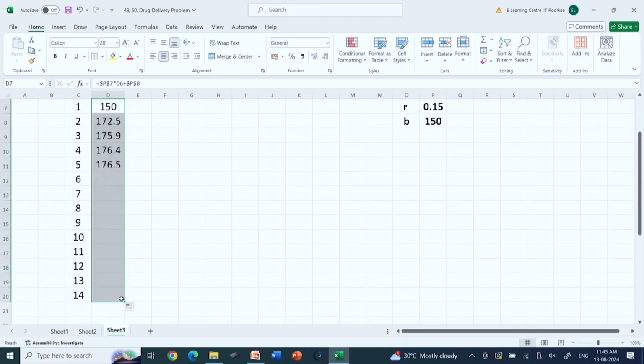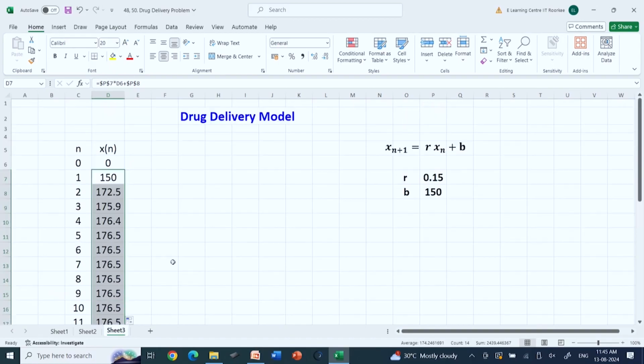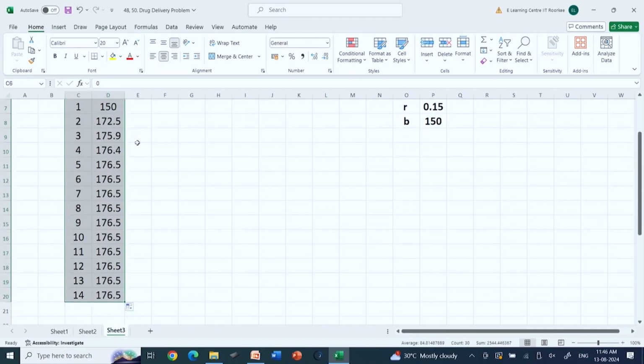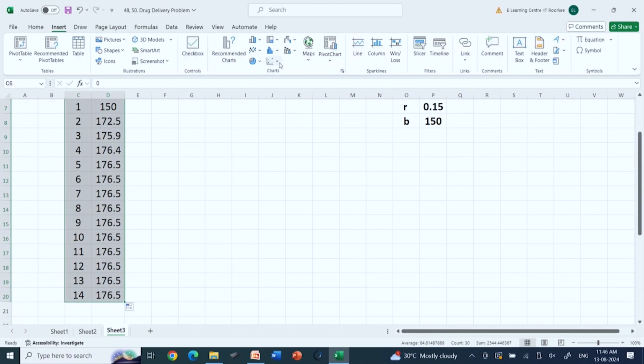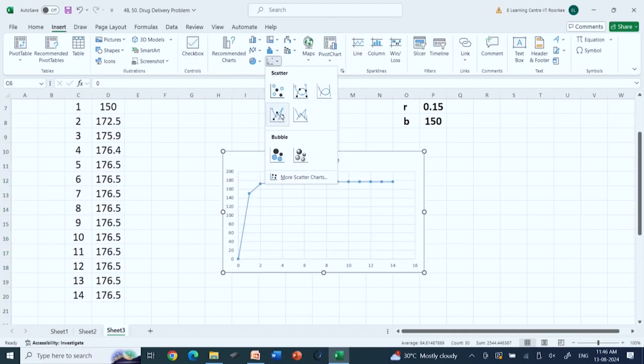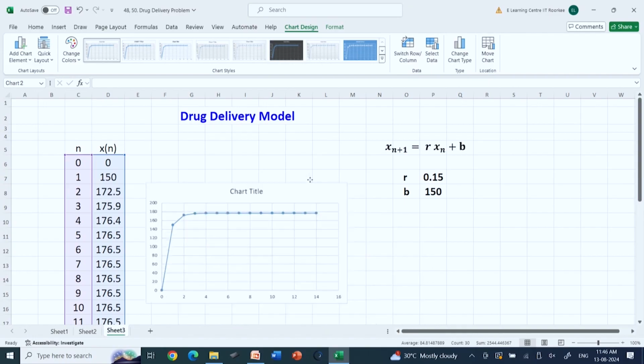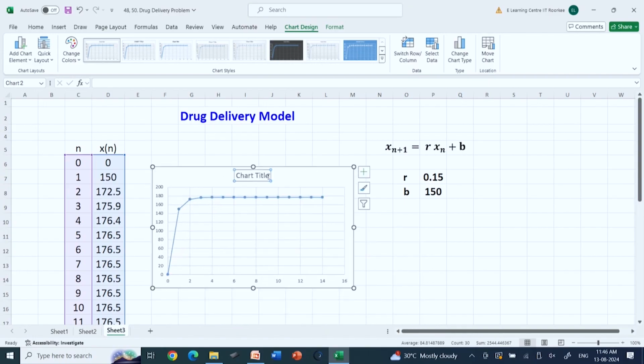So I drag it to some values and then I plot this graph, go to insert, go to chart and click this. So this is, you can write, drug delivery model.